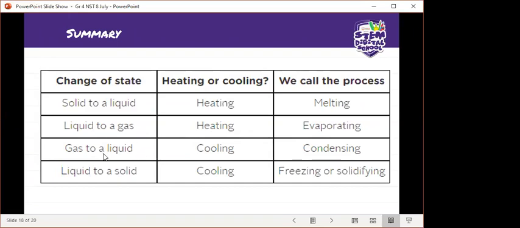And in order for a gas to go to a liquid, it needs to cool, and that is called condensing or condensation. And for a liquid to go to a solid is cooling, and that is freezing or solidifying. So guys, this is very much important to note, the summary, because it's just summing up everything that we learned today as well as yesterday.